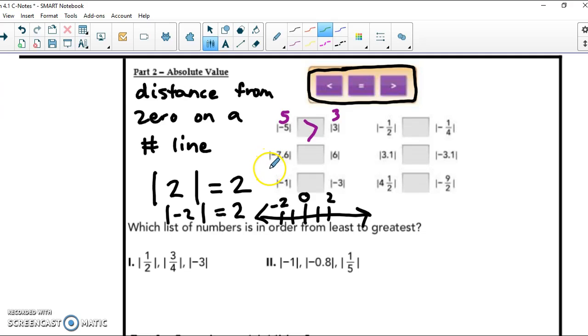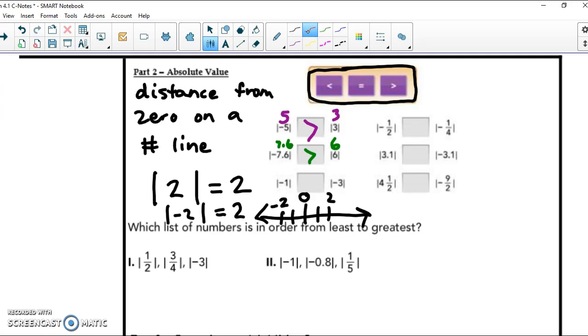If I'm looking at the absolute value of -7 6/10, I'm asking how far is -7 6/10 from 0 on a number line? Well, it's 7 6/10 units away, and 6 is 6 units away from 0. So the absolute value of -7 6/10 is greater than the absolute value of 6.